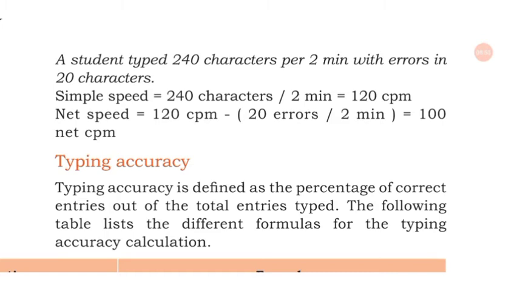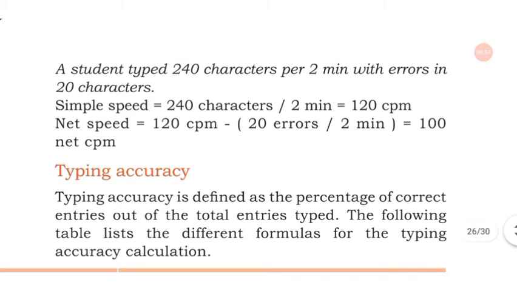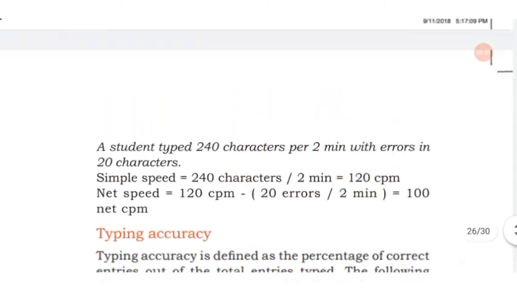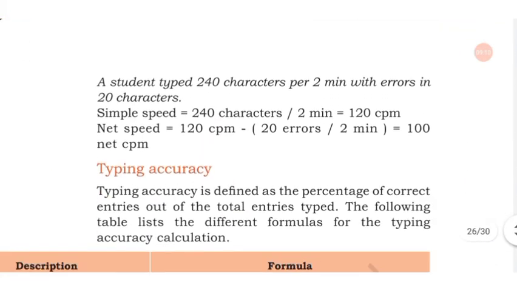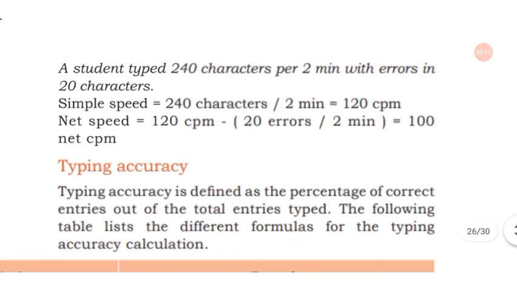So net speed is equal to simple speed minus total errors by total time, which is 120 minus 20 by 2, that is 100.